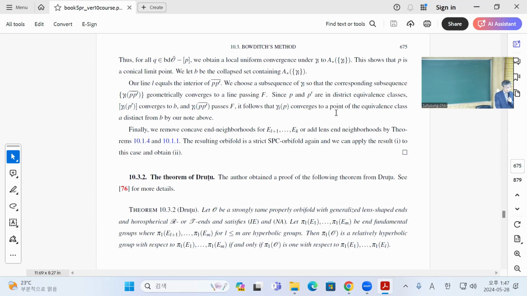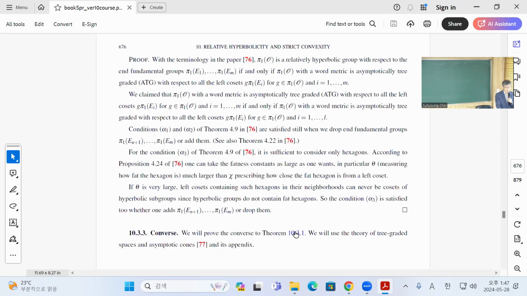Okay, so next we'll need this Druțu–Sapir theorem. So if you have something like this, and pi_1 of M is the fundamental group, which is hyperbolic, then it's relatively hyperbolic if and only if you remove some hyperbolic ones. Okay, so that's still okay.